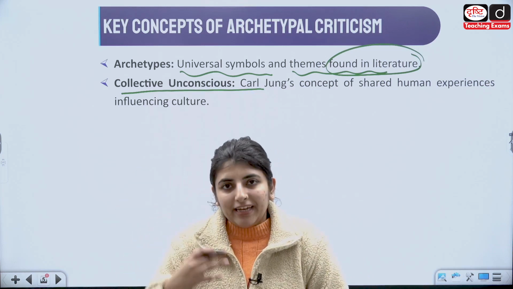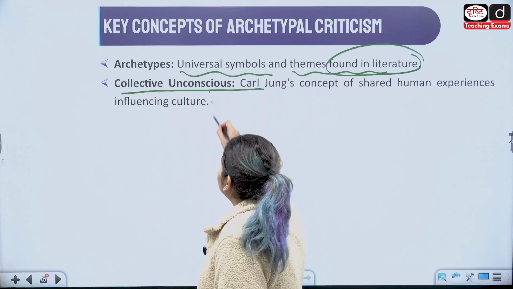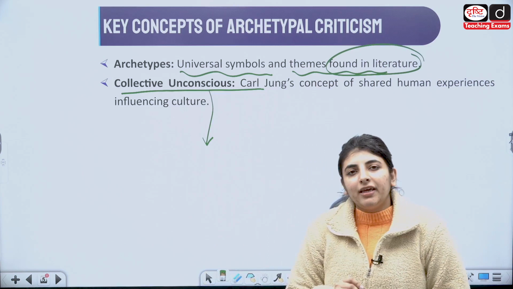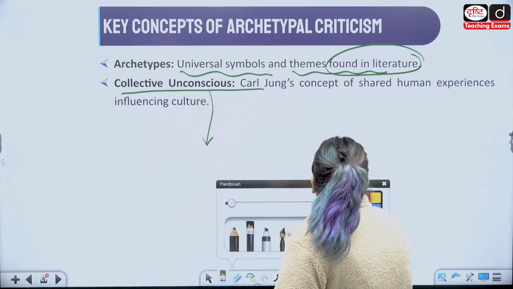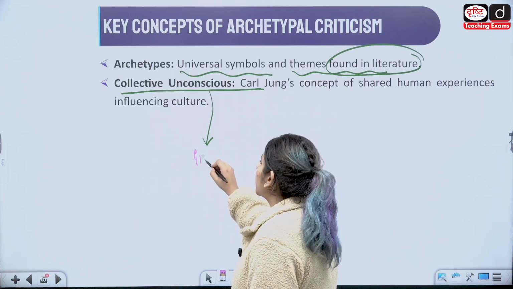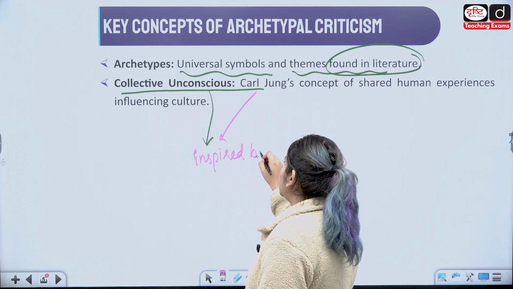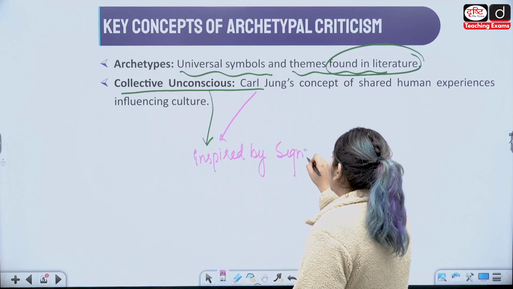And we also look at a very important concept which is given by Carl Gustav Jung. He gives us the term collective unconscious. Now one thing here again to note down is that Carl Jung was inspired by Sigmund Freud.